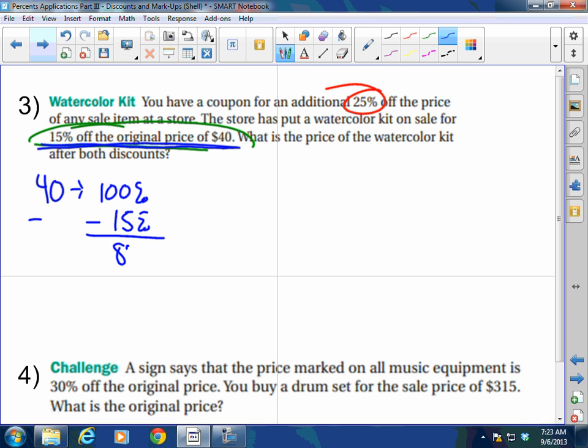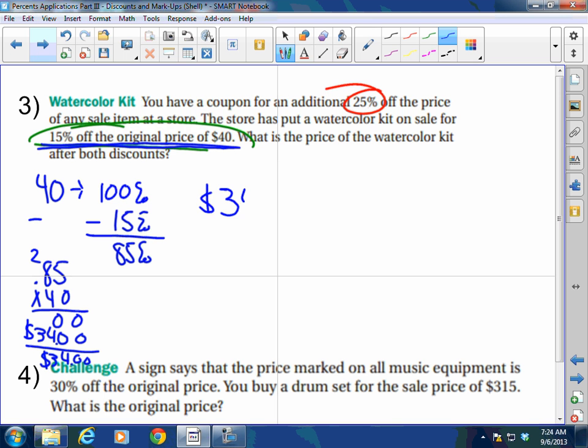So you're really only paying 85% of the original. So 0.85 times 40. Okay, $34. So $34 is what you're going to pay after the 15% discount.